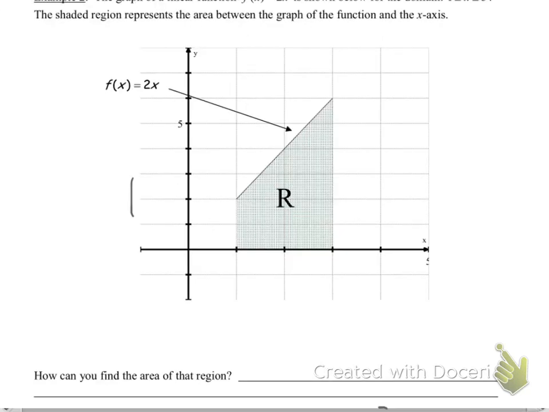Okay, I want you to look at the bottom of your page, and I want you to notice that you have the following. Here are your endpoints, 1 and 3. This is 1, this is 3. Then you have a function right here. That function is called the integrand, and you can see that word at the bottom of your page. Your integrand is the function 2x.